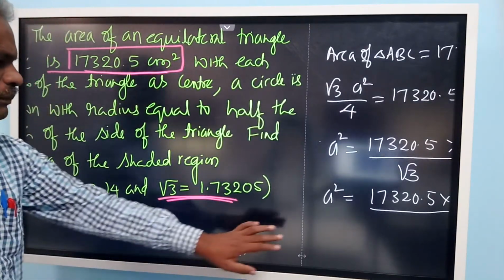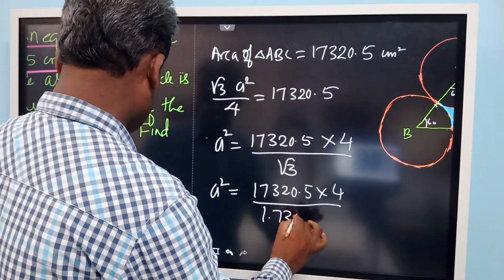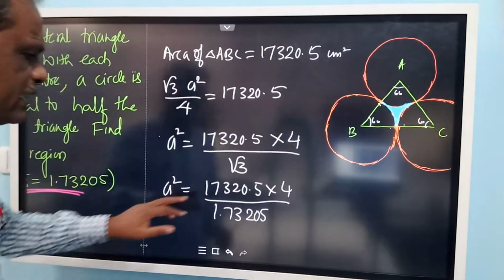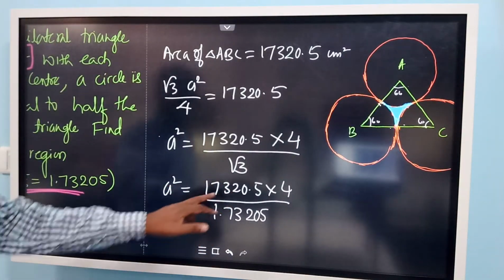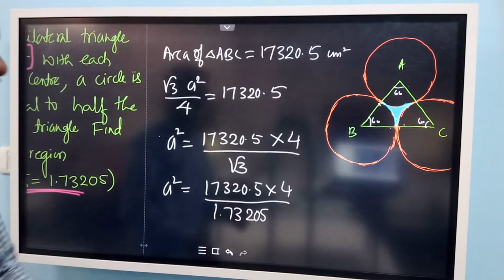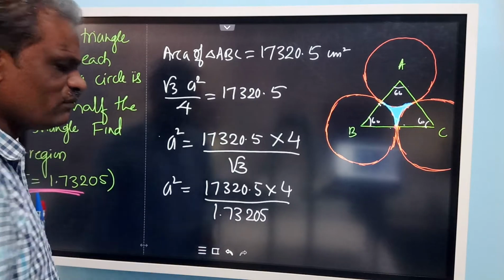Root 3 is 1.73205. If you look at the numerator and denominator, we have the same digits, only the decimal point differs. If I shift this decimal point towards the right side by 5 digits, I must put 5 zeros in front of this.